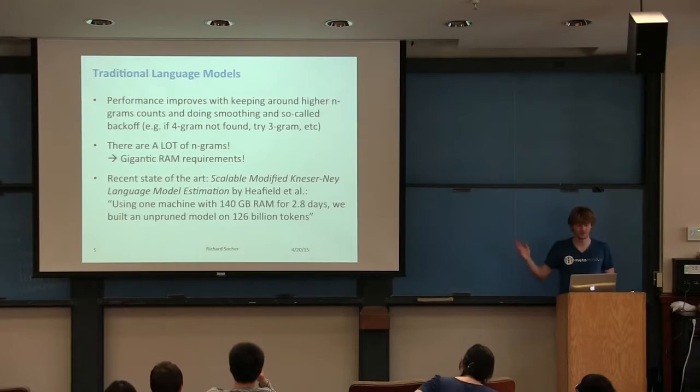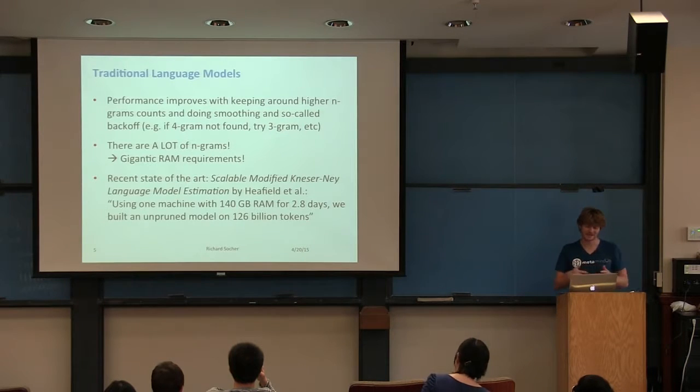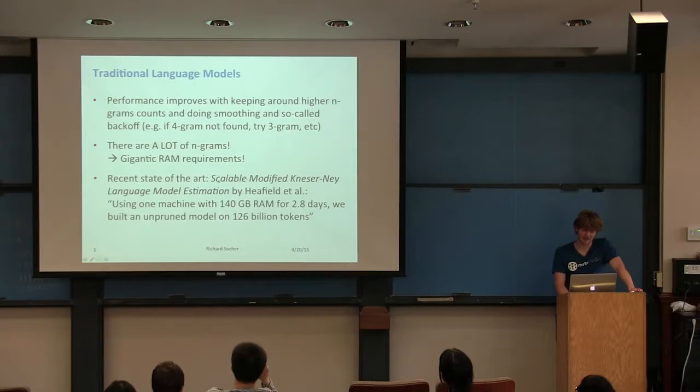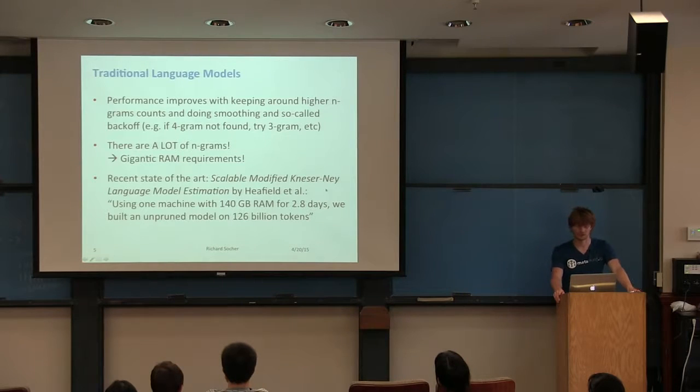And so one of the most sophisticated ways to really store these kinds of counts is described in this paper by Kenneth Heafield, Scalable Modified Kneser-Ney Language Model Estimation. Kneser-Ney is a specific type of smoothing.